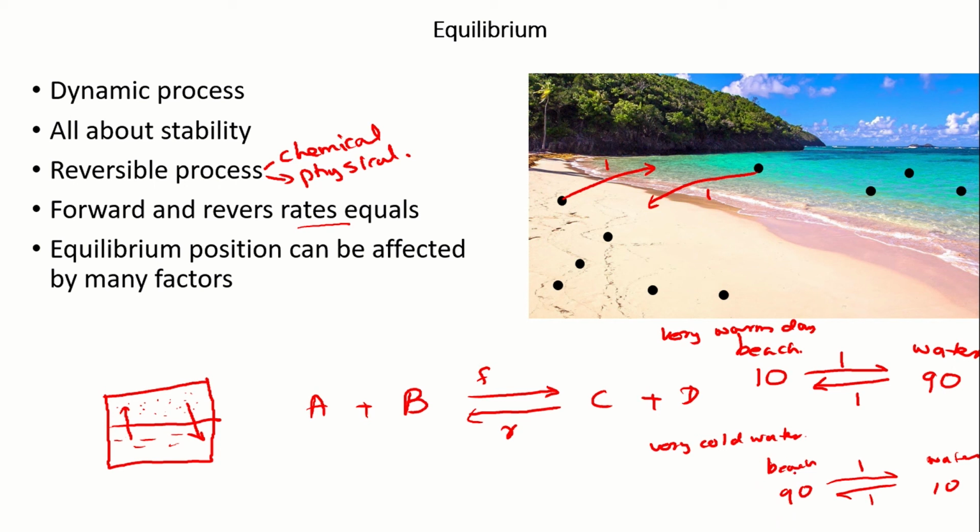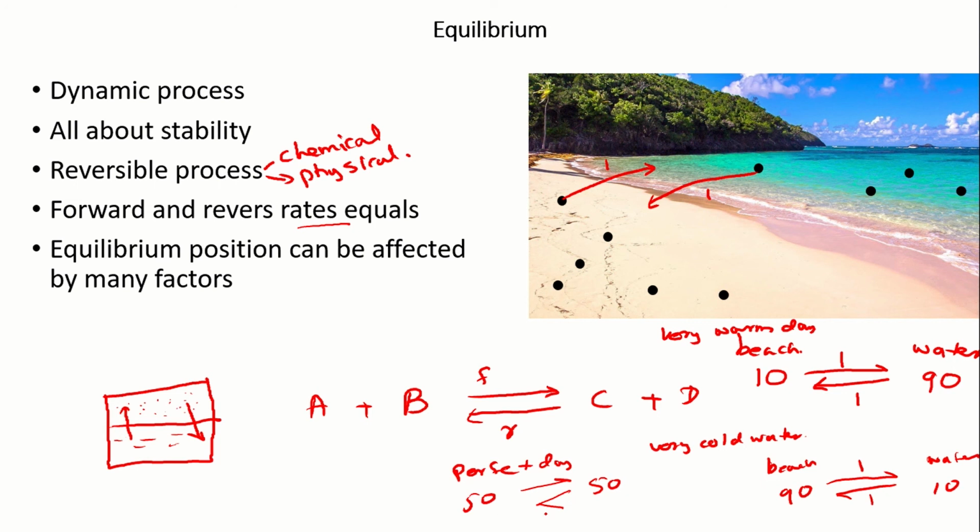This is an equilibrium state where more people are preferred to be on the beach under certain conditions and more people are preferred to be in water under another condition. And then there is this perfect condition that there can be equal number of people on the beach and in water. For example, the perfect day. Maybe you can have 50 people on the beach and 50 people in water.